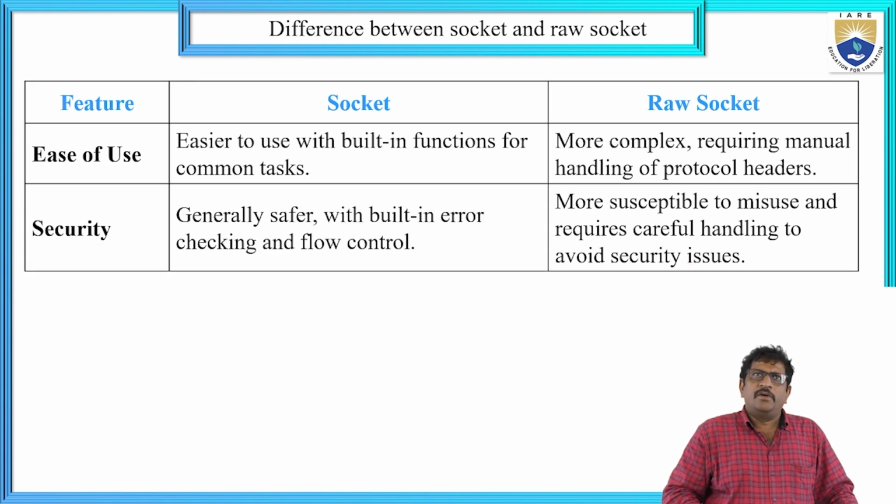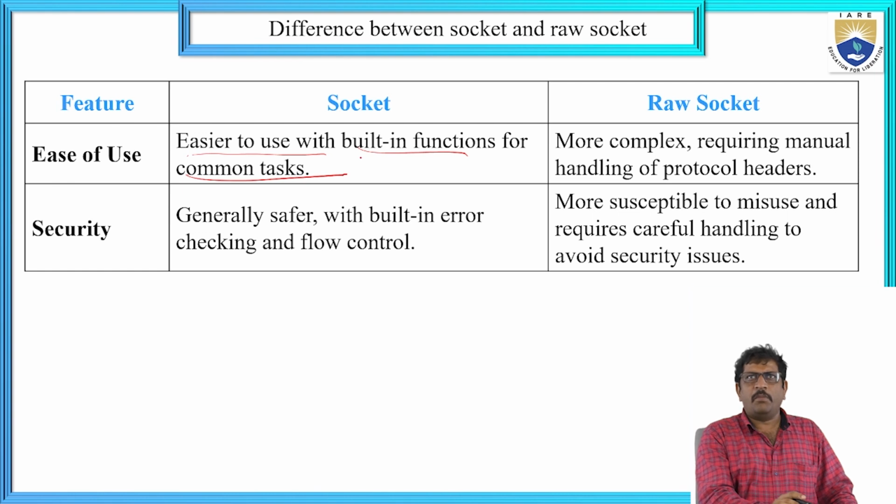In terms of ease of use, the socket standards are very easy to use, with built-in functions for common tasks. For raw sockets, the ease of use is much more complex.